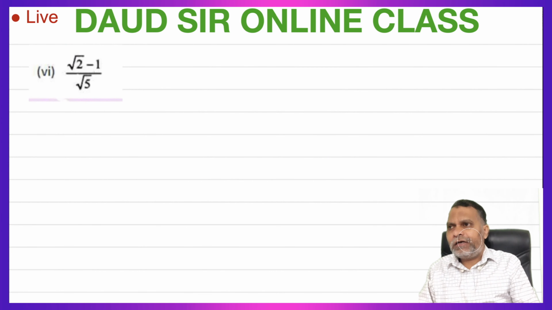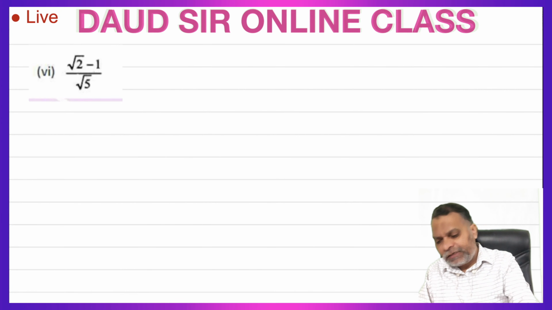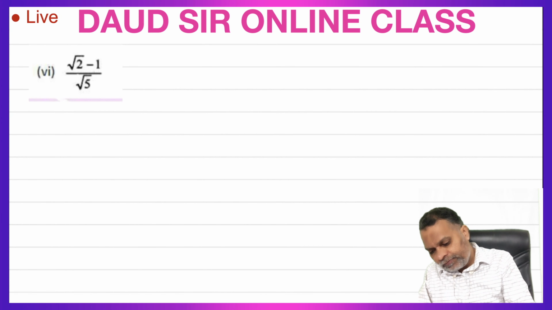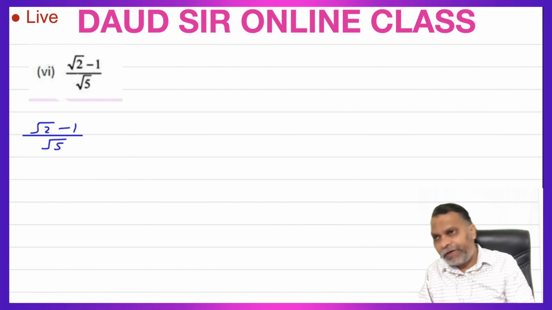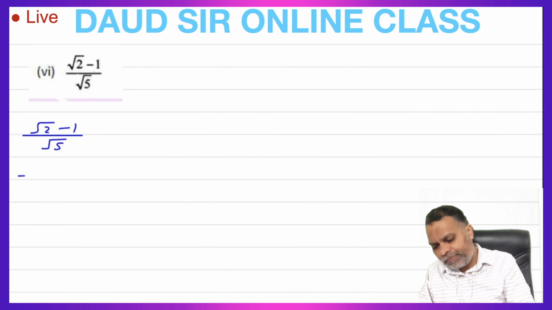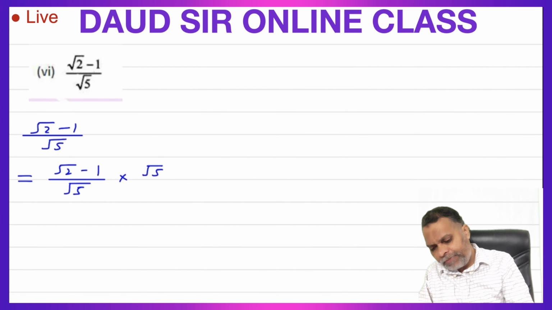Question number second, last 6th part. Root 2 minus 1 upon root 5. And the denominator is root 5, so rationalize by root 5. Root 2 minus 1 upon root 5, multiplying and dividing by root 5.